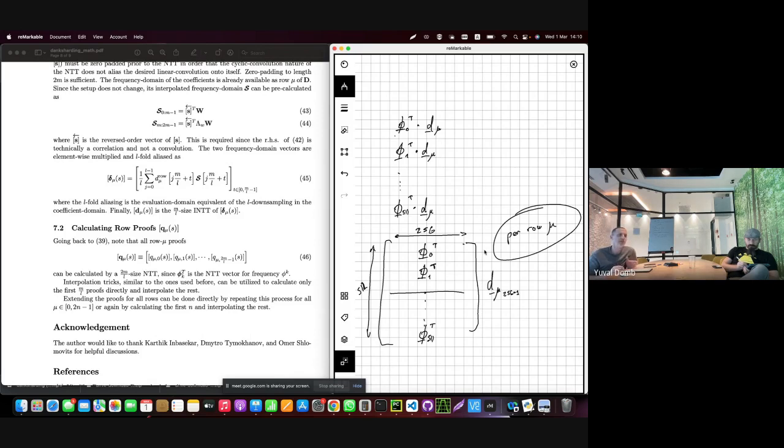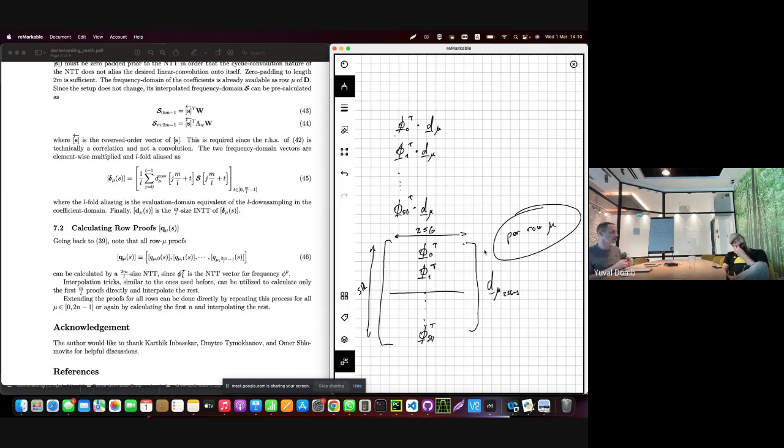It makes perfect sense because everything here is just a linear interpolation. There's nothing to it. So if we can interpolate the evaluations, we can interpolate the commitments, we can interpolate the proofs. So we can do that for every row. We can calculate the proofs of the first half and then interpolate the proofs for the second half.